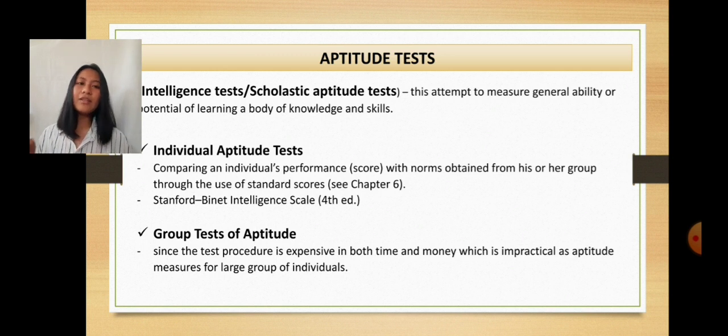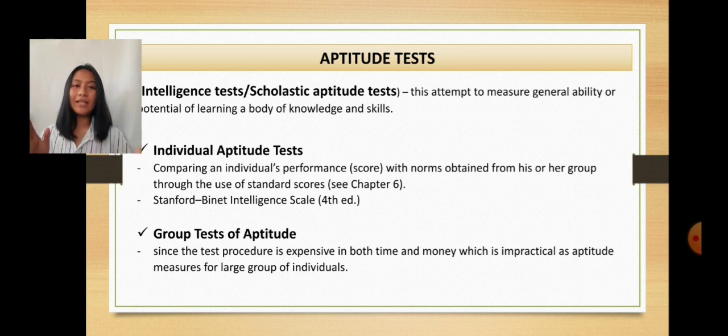So in the individual aptitude test, we are talking about comparing individuals' performance with the norms obtained from his or her group through the use of standard score, which was discussed by the previous group, which is group 6. And then we have here an example of individual aptitude test, which is Stanford-Binet Intelligence Scale, 4th edition.